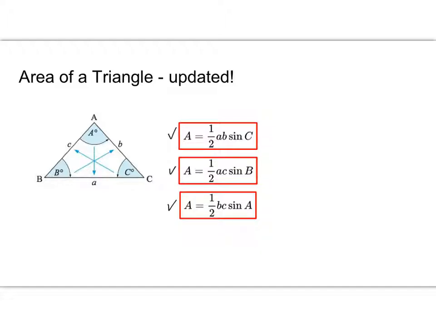Your steps are going to be to figure out if you can even find the area. In order to do that, you need side angle side. You need to drop an altitude. I'm just going to abbreviate that. And you drop it from the known angle.